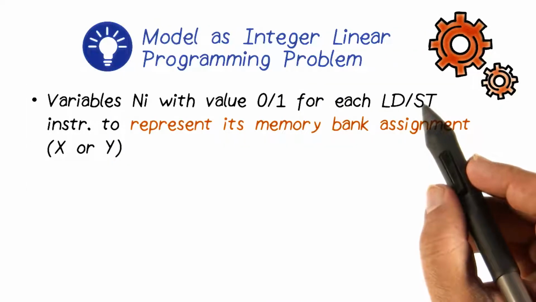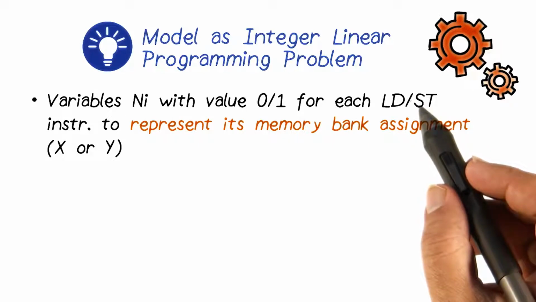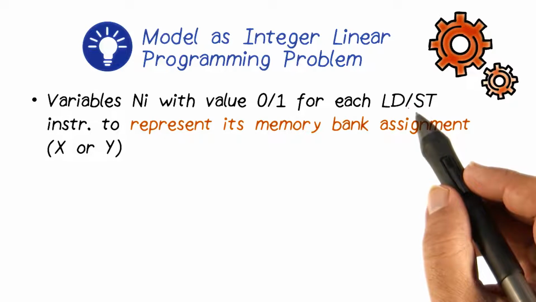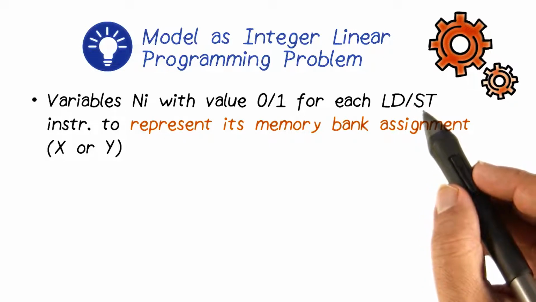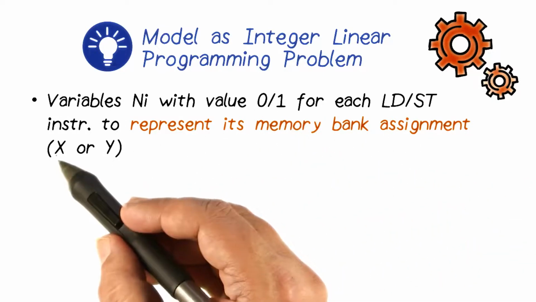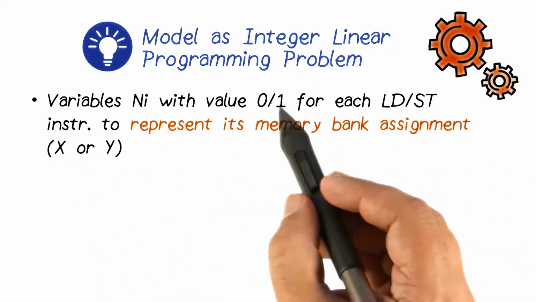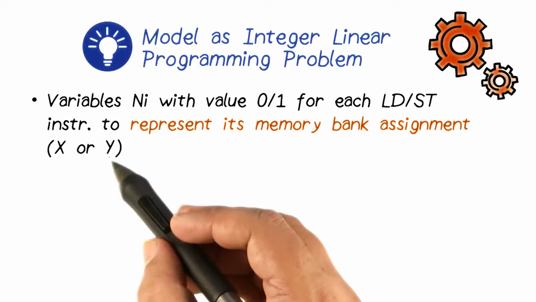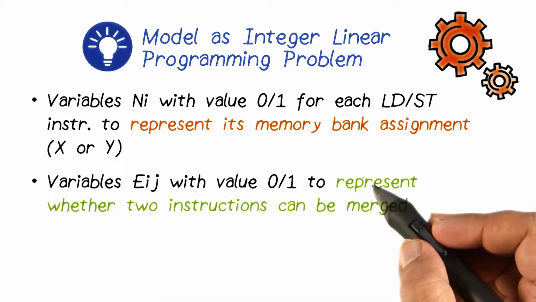So now, before we get into the graph-based approach, let's briefly look at how the integer linear programming approach really works. So what we have here is each of the variables ni is to be allocated to one of the memory banks, and we give it a value 0 if it is allocated to bank X, we give it a value 1 if it is allocated to bank Y. And then there is an edge between the two variables which are a part of the same operation.